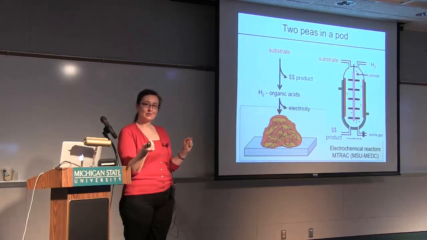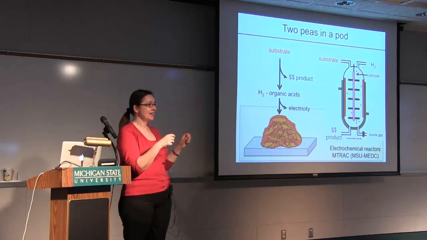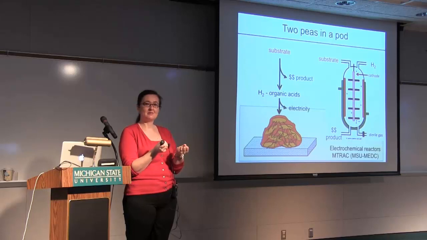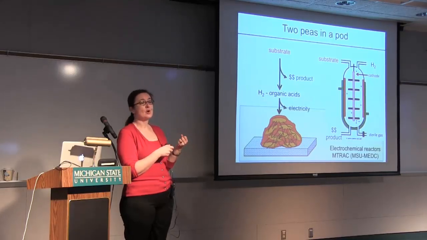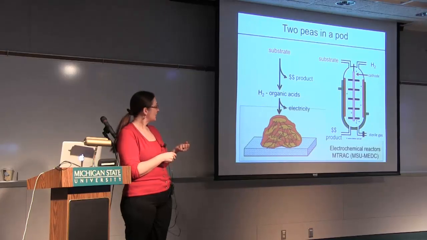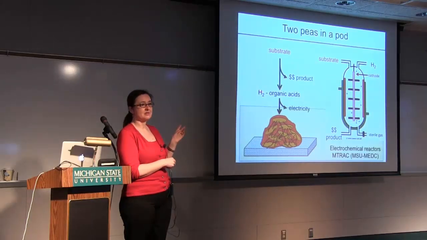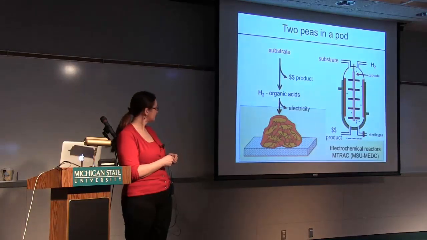So rather than producing electricity, we are bringing all the electrons here, and they are getting all the protons that keep being produced in the medium to make hydrogen. So this is what we call an electrolysis cell, a microbial electrolysis cell. So we are making a biofuel or an added value product here, and all these byproducts, all this waste, is being converted into CO2 and then hydrogen as well.